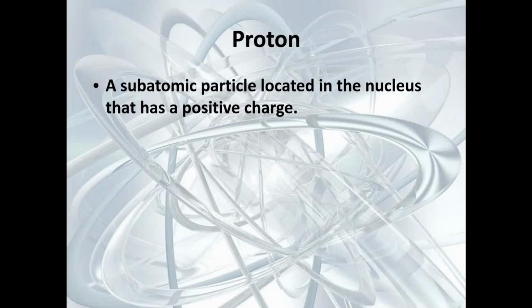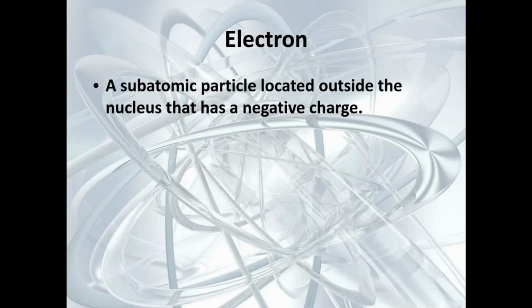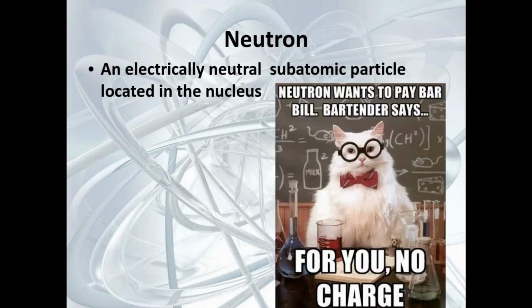So looking at the proton, it is a subatomic particle. It's located inside the nucleus, and it has the positive charge. The electrons are located outside of the nucleus with a negative charge. And then the neutron is a neutral particle that is also located in the nucleus.